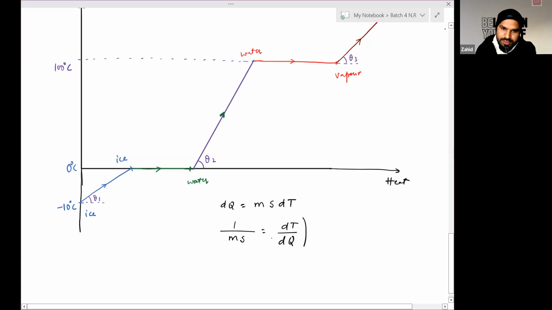In this ratio, dt is the perpendicular and dq is the base. So perpendicular divided by base will be termed as the slope of this curve. And according to this relation, this slope is inversely proportional to s, which is nothing but the specific heat constant for that particular substance. Is it clear?